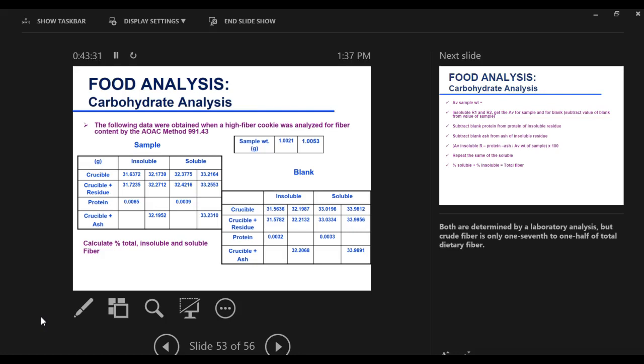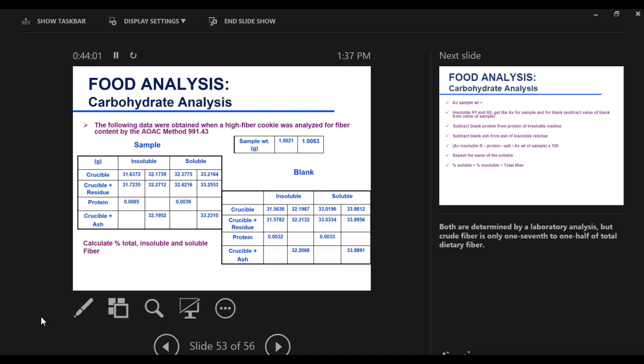So in a crucible, I would have the residue after I filtered all of the soluble parts or the filtrates. So this would be the weight of my crucible, rep 1, rep 2, rep 1, rep 2. And then I weigh it after I filter everything and I dry it, so everything in the crucible is my fiber. Here's the insoluble and here's the soluble.